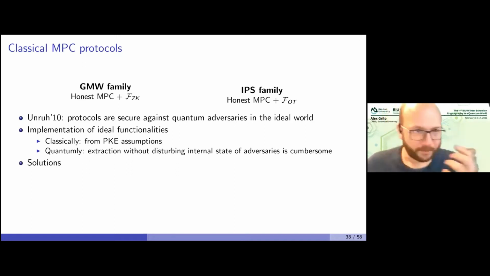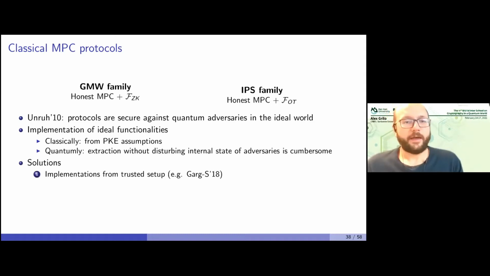But recently we have seen three types of solutions for how to implement these functionalities and have classical multi-party protocols against malicious quantum adversaries. In the first line of solutions, we implement with an extra trusted setup.